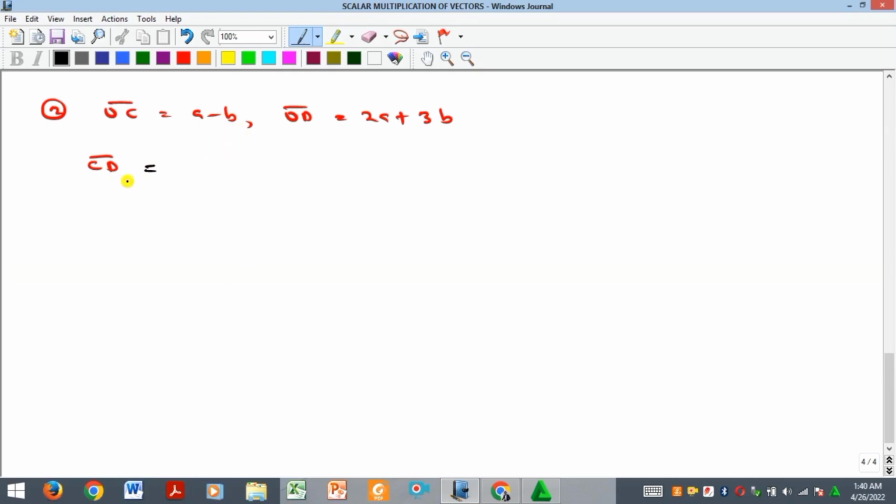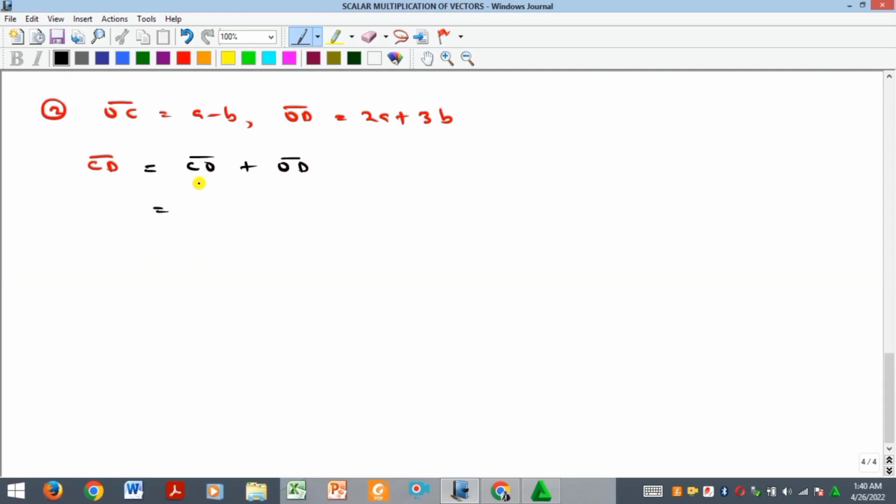Our CD by the triangle law of addition of vectors is simply equal to CO plus OD. Remember, you are beginning from C and you will end at D. I'm using CO because I have OC, and I'm using OD because I have OD here.